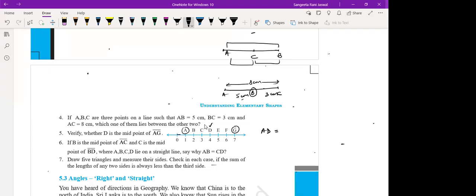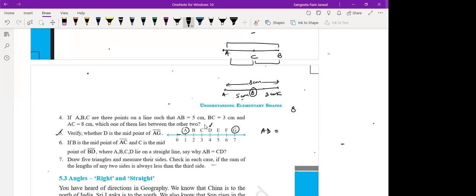Ma'am, 8 centimeters. Ma'am, because AB is 5 centimeters, right? And then BC is... No, no, no, my dear, we are doing question number 5.